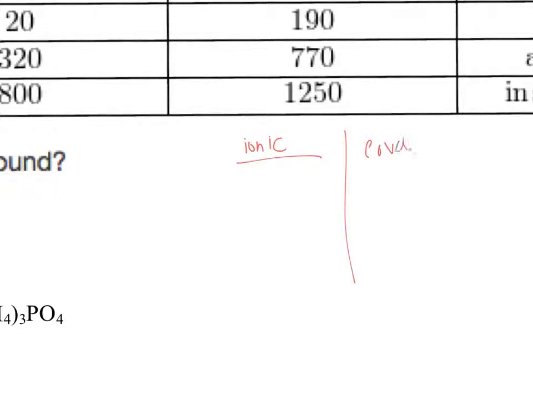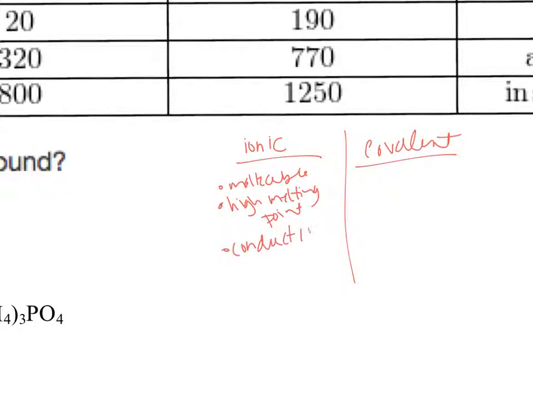and covalent. Okay, so ionic bonds are typically malleable. They are typically high melting points, and they conduct in solution.